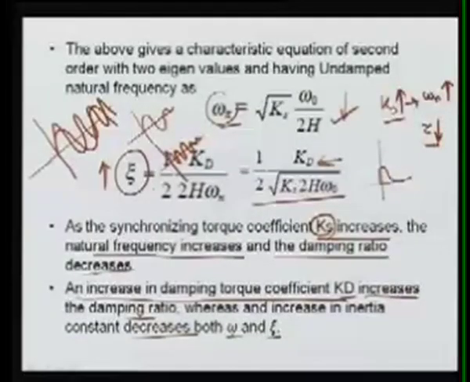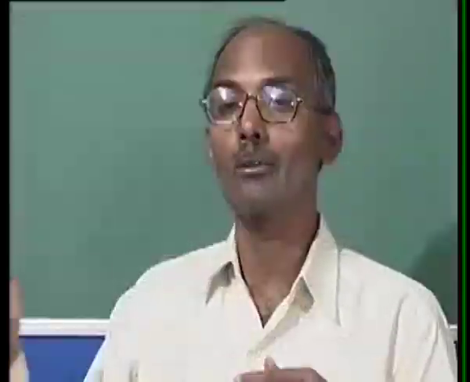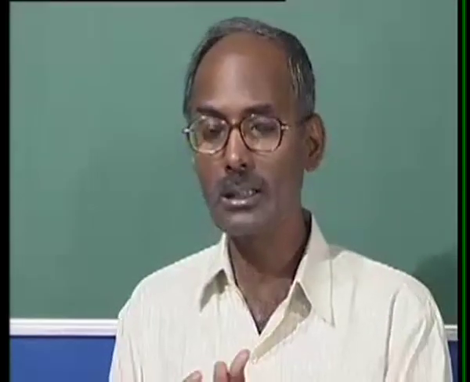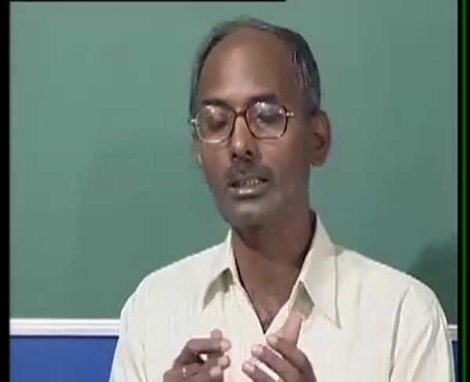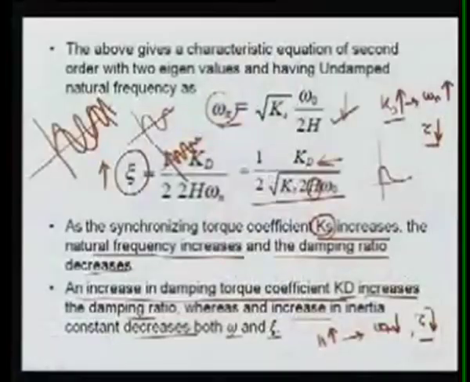At the same time you can see this H value is also very important. If you are increasing the inertia constant H, it shows that for H increase, your omega n is decreasing, and at the same time your damping is also decreasing, both are decreasing. So the damping decrease means it will be oscillating for a larger time, and the frequency decrease means the frequency is less, but the damping decrease is not desired.